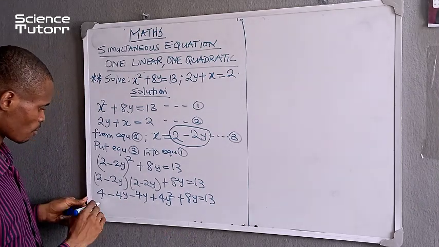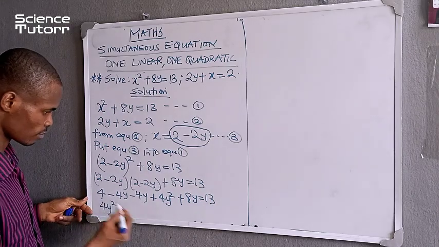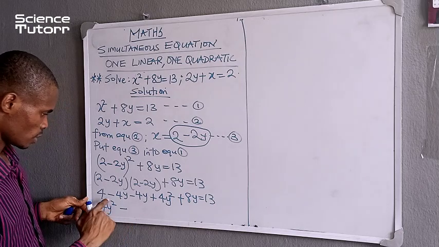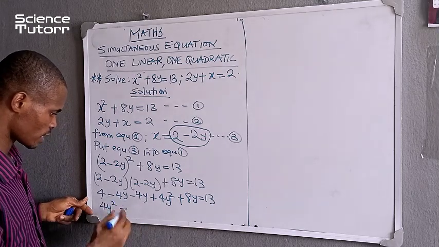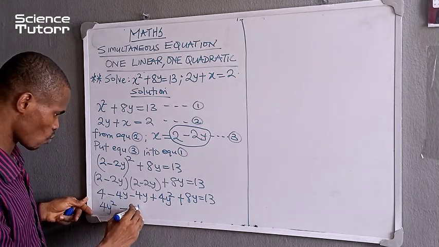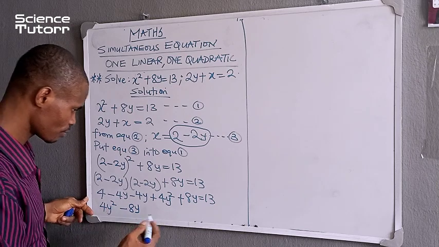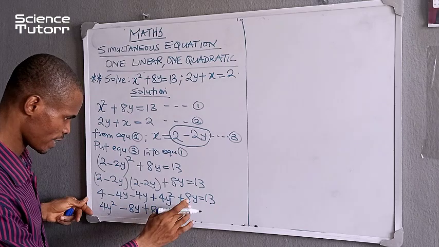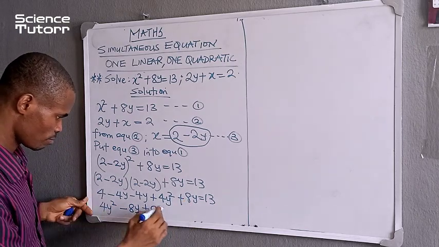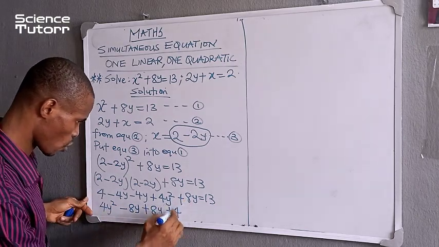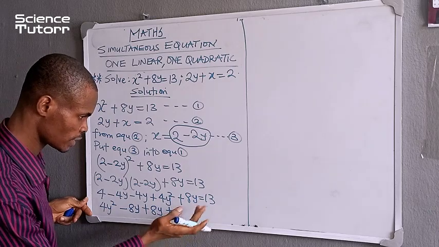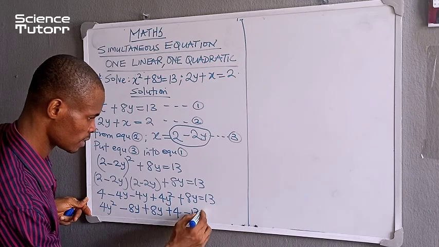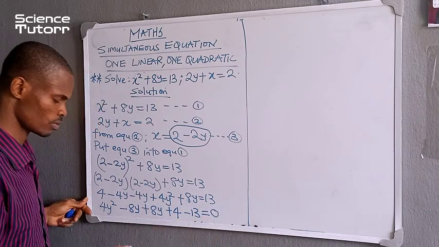I'm taking 4y squared as a plus here, minus 4y minus 4y gives us minus 8y. I also have plus 8y here, plus 4 equals 13. When it comes over, it becomes minus 13 equals 0.